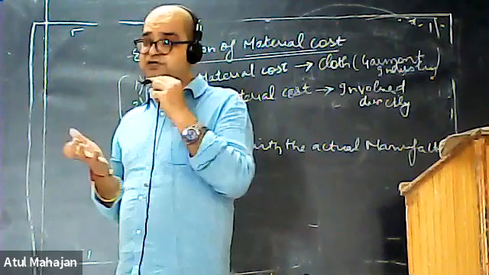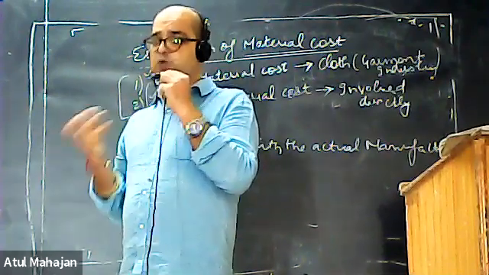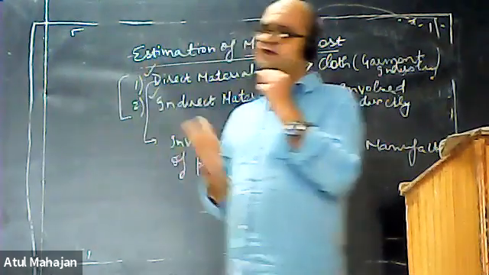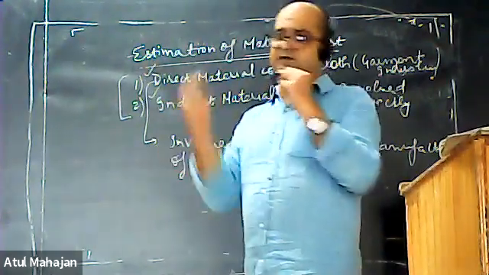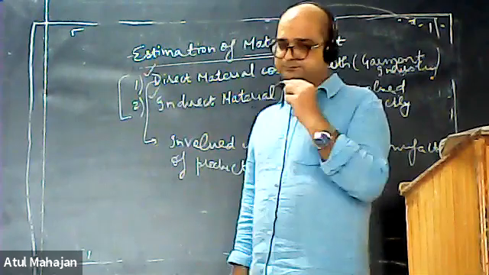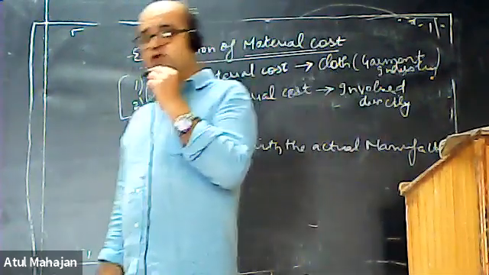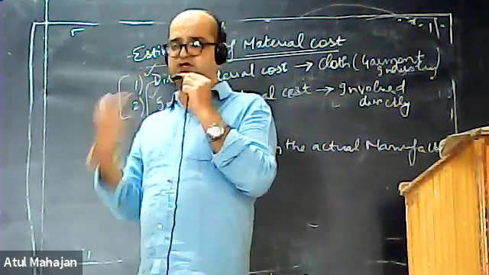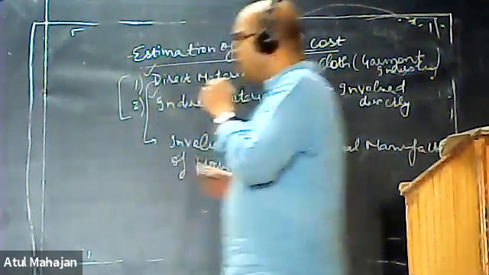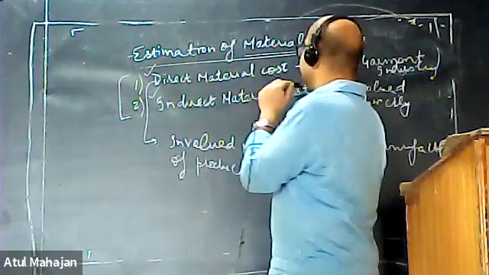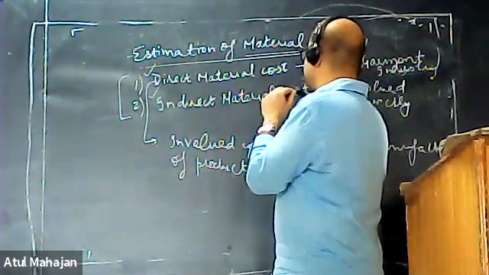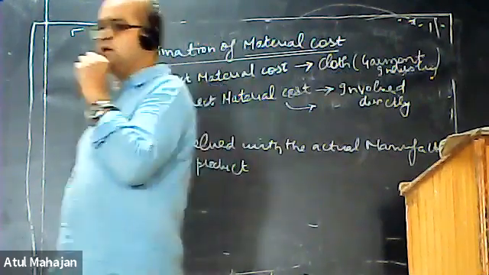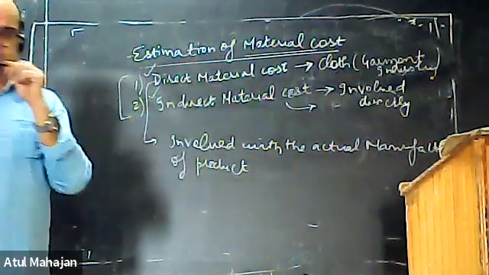Also transportation, the propaganda and advertisement of that product, electricity used for manufacturing, and the overnight shifts used for early manufacturing of a product. They all come under the category of your indirect material cost.